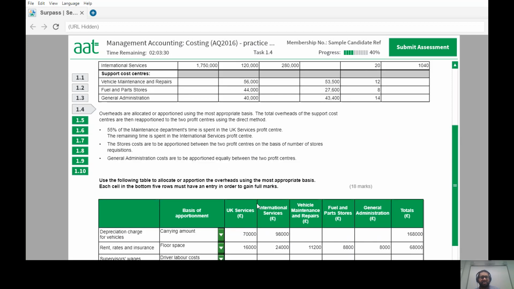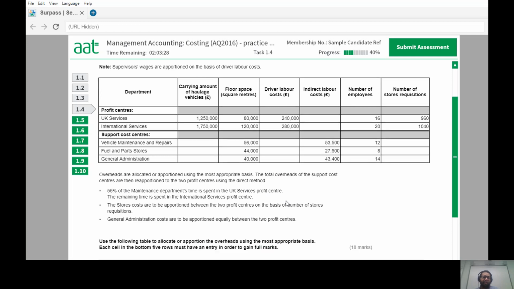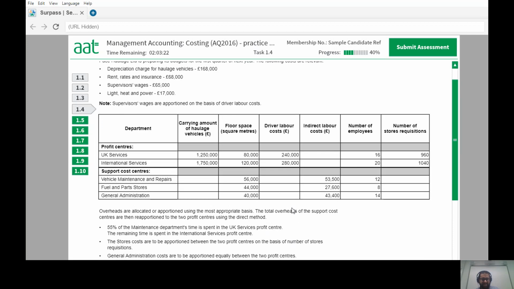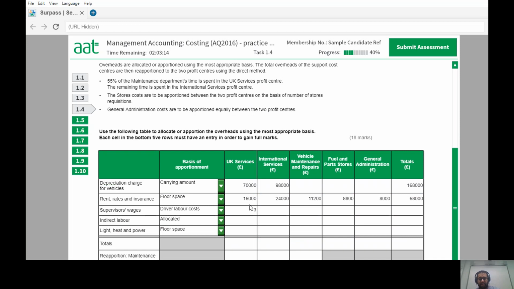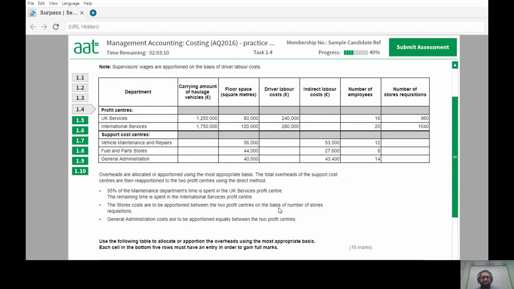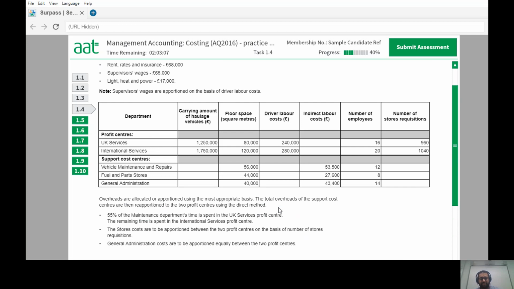Now, again, supervisors direct labor cost. So what we're going to do, we're going to add that total labor cost. So we're going to divide the supervisor's wages, 65,000, divide by 52, multiply by 24. I'm getting 30,000 here. Again, same way we do for the other one, and that should give me 35,000.